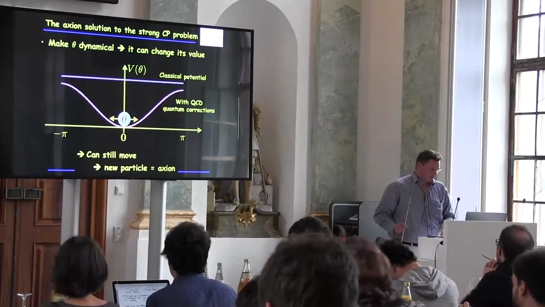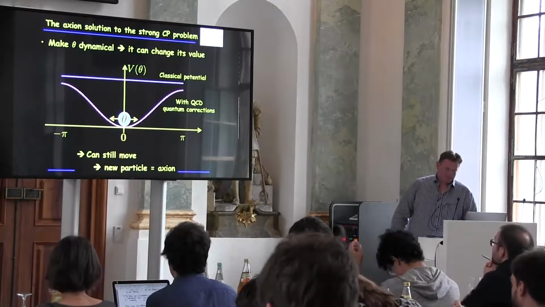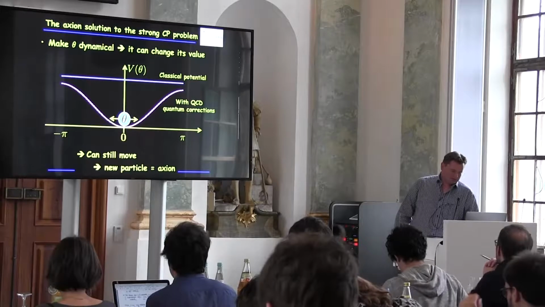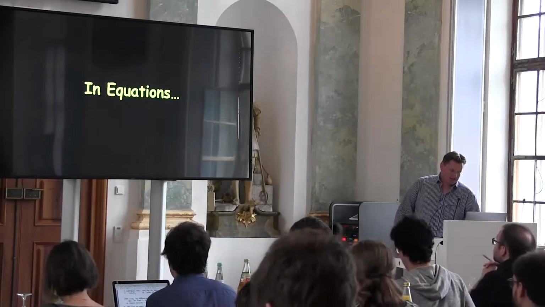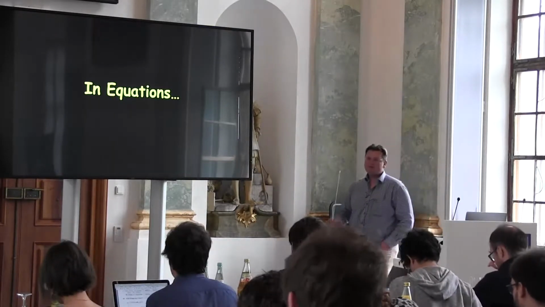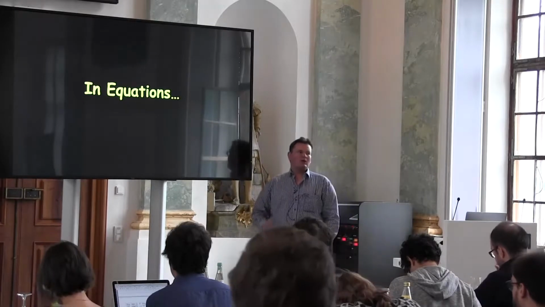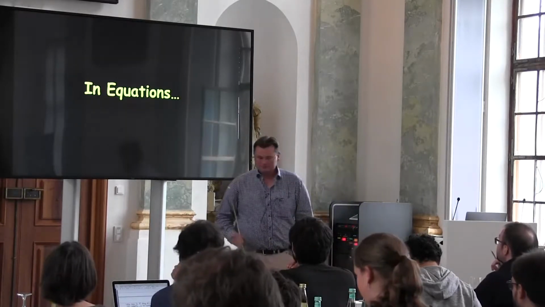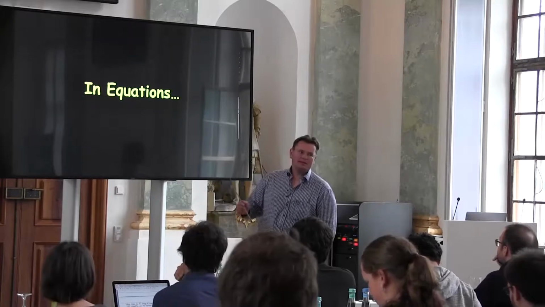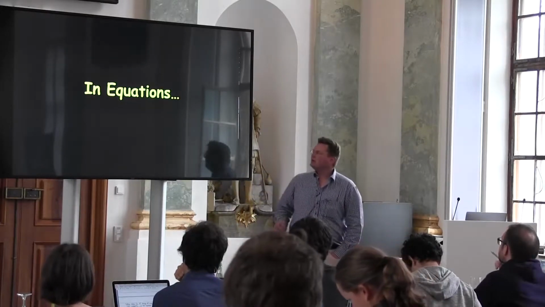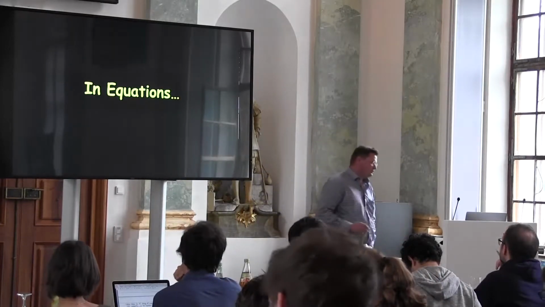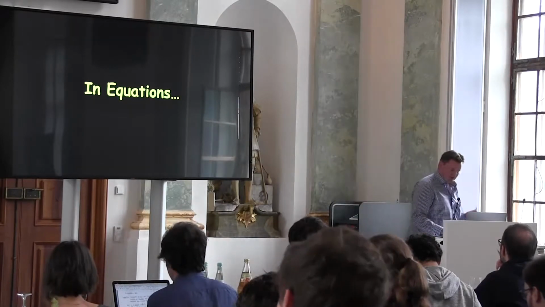Okay, so that's what we explored a little bit yesterday, but yesterday we did it in pictures, so let's today actually briefly at least have a look why theta being zero actually corresponds to the state of lowest energy.